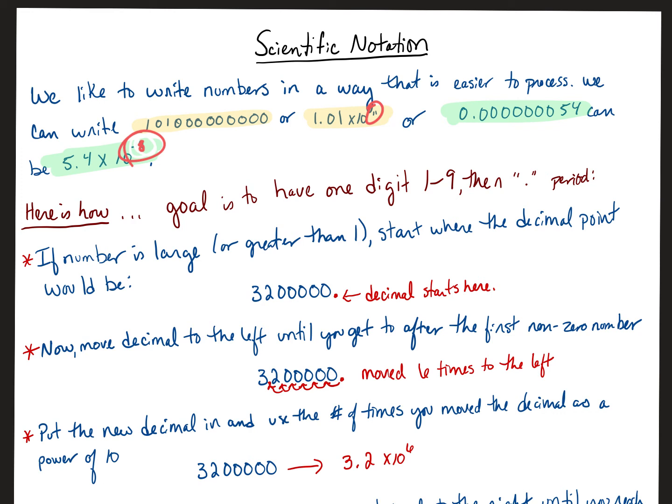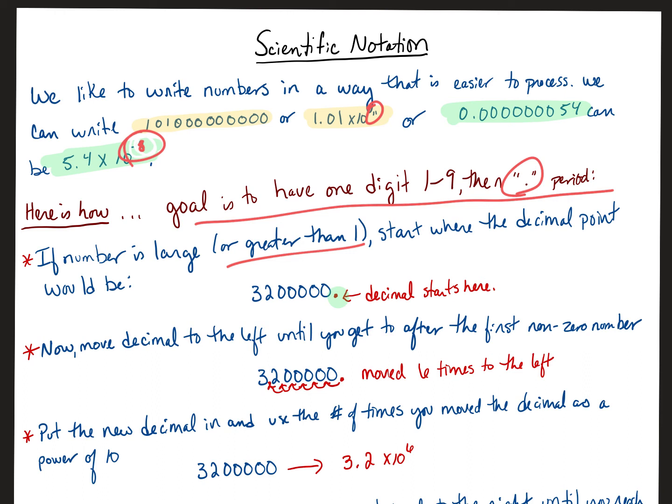Our goal is to have one digit between 1 and 9, and then a period. So if we have a really large number, or one that's greater than 1, we start with a decimal point where it would be. Whether you know it's there or not, it still exists. Wherever that number ends, there is a decimal point right there.